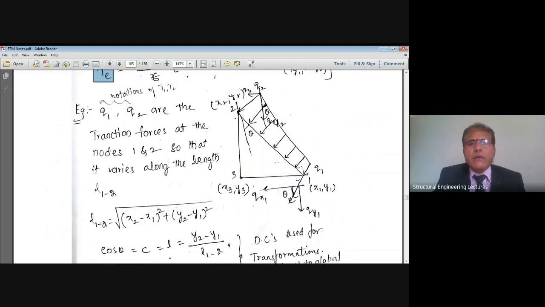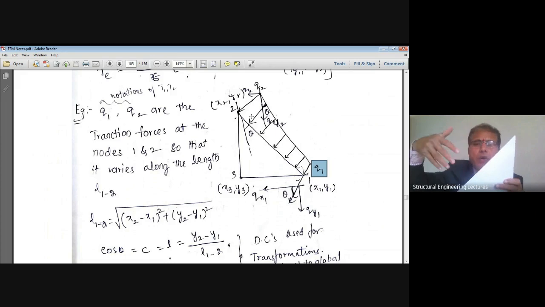Then let us see the case where the traction force varies from q1 to q2, and let us say this is inclined at an inclination of theta with respect to the vertical. Let us say these forces are perpendicular to that line 1 2.